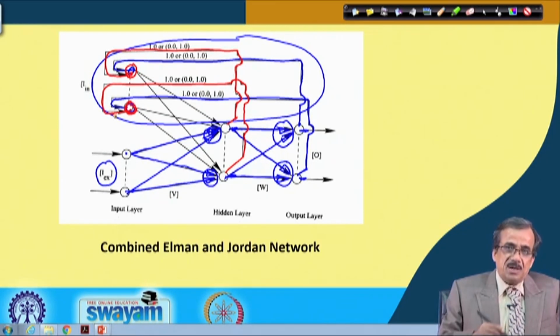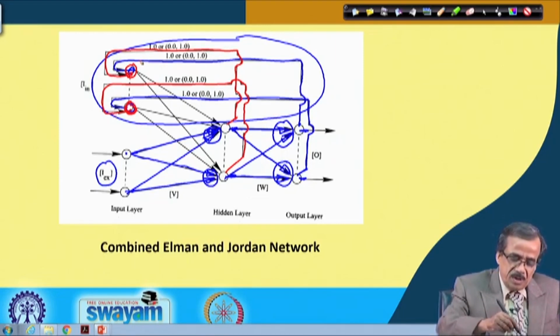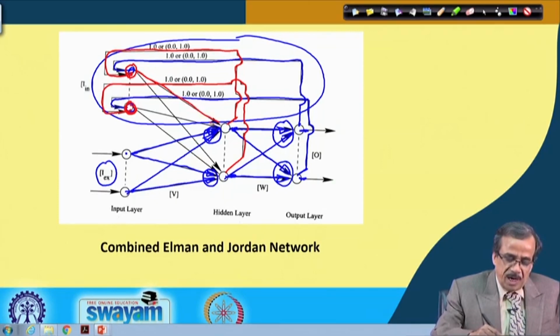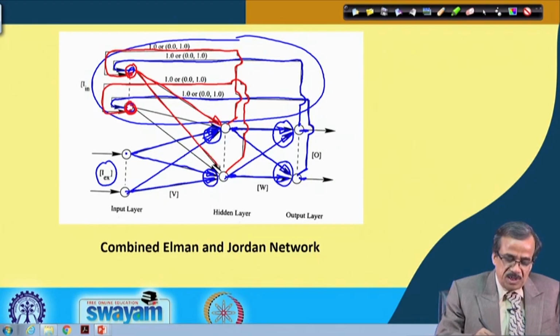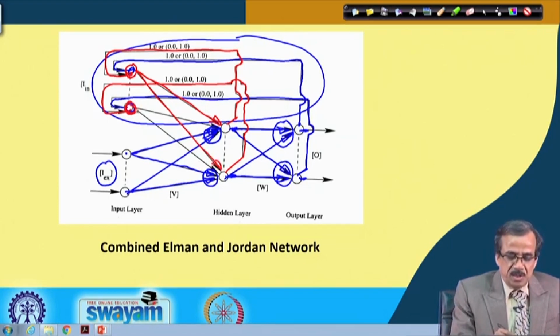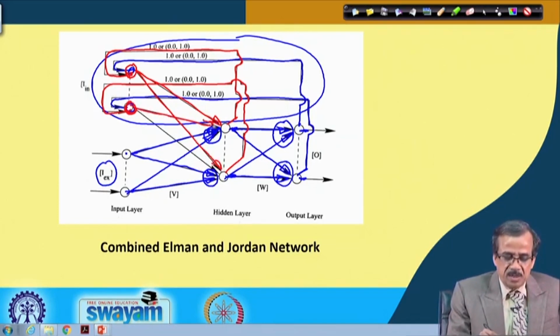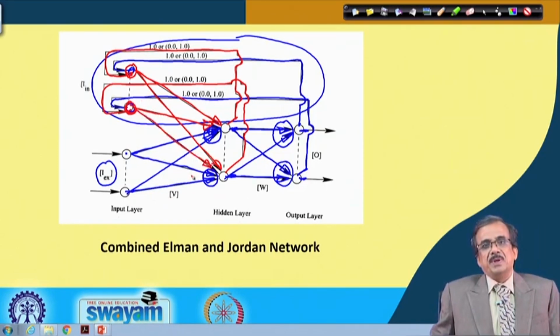Now, these internal inputs will be allowed to pass through the hidden layer. I am just going to pass it here, and similarly this will be allowed to enter this particular hidden neuron, and this will be allowed to enter this particular hidden neuron.